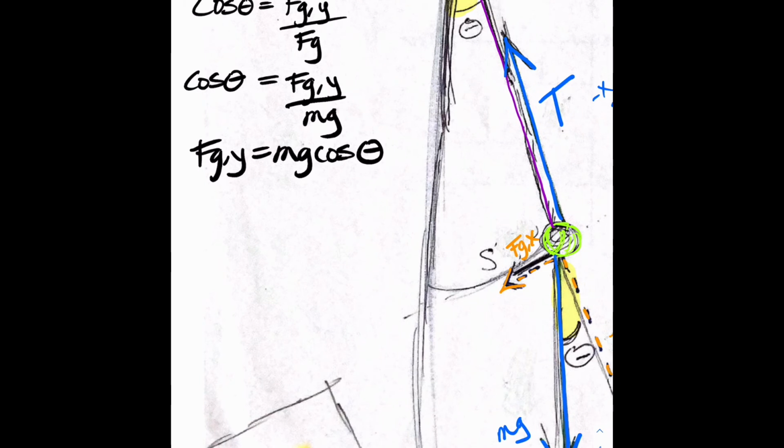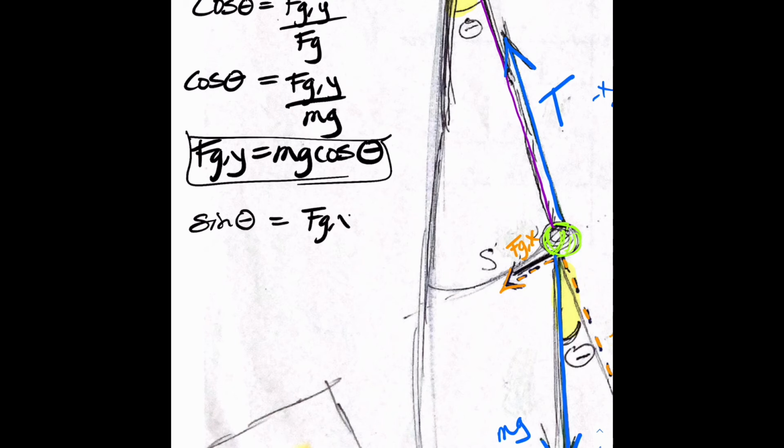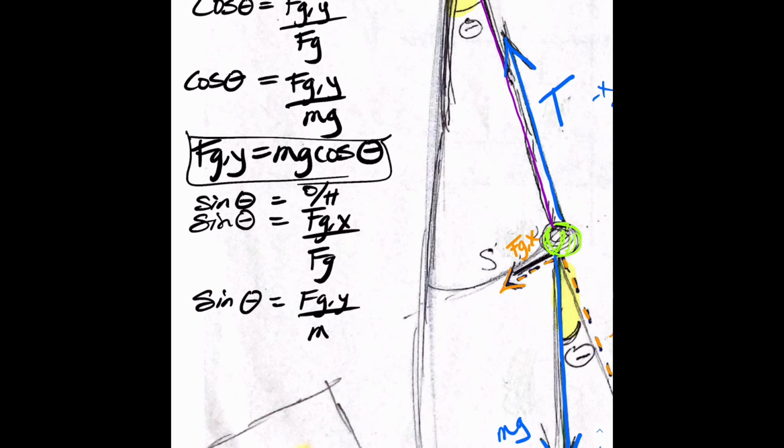By that same logic, you can say sine theta is equal to FGX over FG, because sine theta is equal to opposite over hypotenuse. And so you can then say sine theta, whoops, I mixed up.